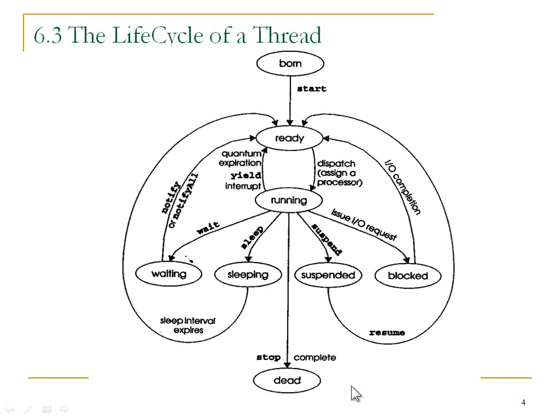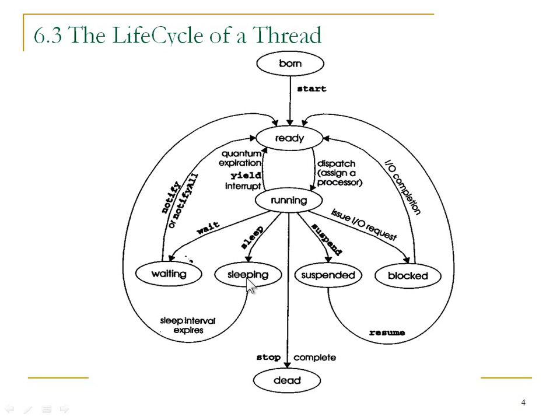This figure is really a useful way of understanding the states of the thread, and there's not really that many. When it's born, the event that gets it to a ready state is the start method. When it's ready, the event that gets it to running on a processor is that it gets dispatched there, and we will talk about what that means.